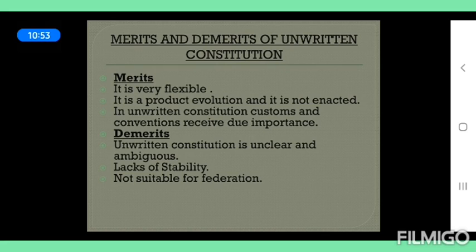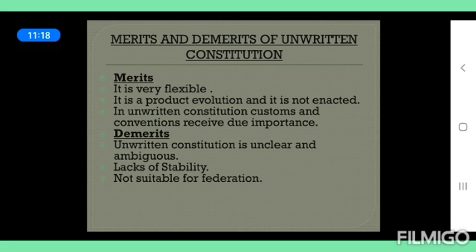It is not written in the form of a book or a document, and it is neither drafted nor enacted by the Constituent Assembly. So it's a product of slow and gradual evolution, gradual changes.